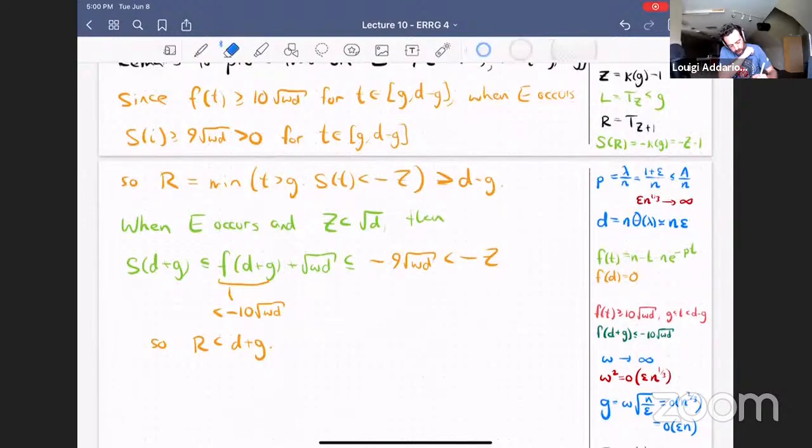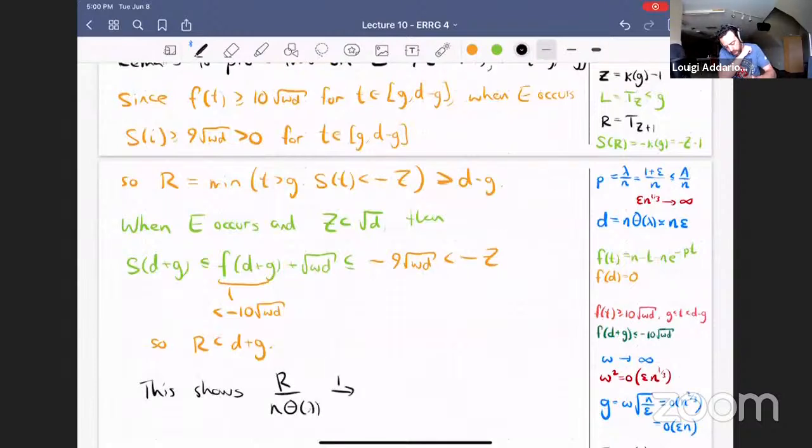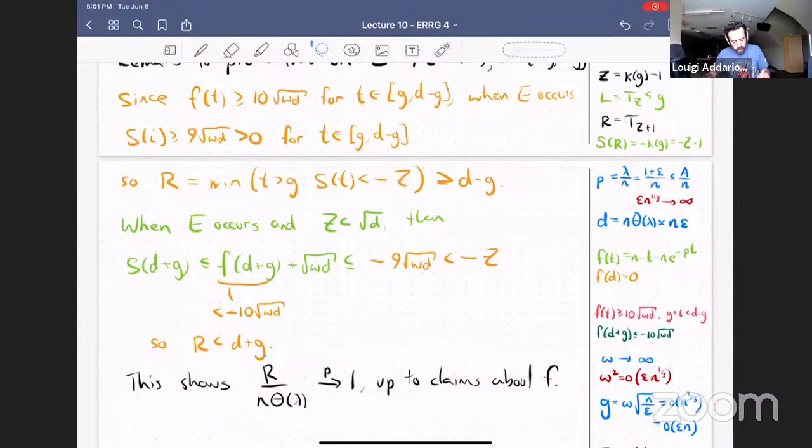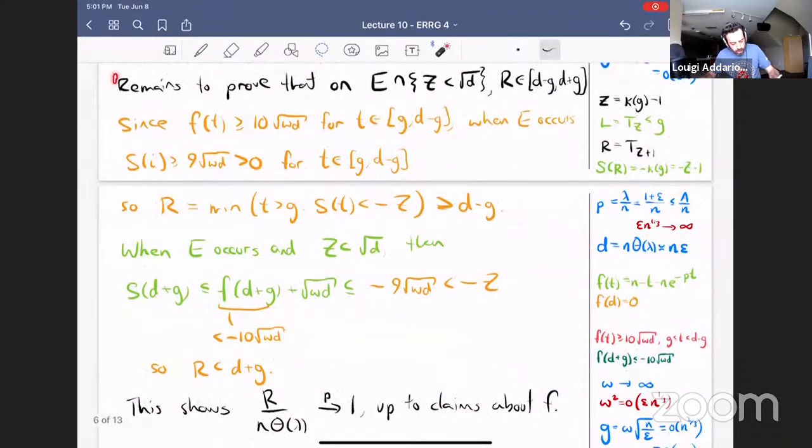So this completes. So this shows the law of large numbers, r over n theta, tending to 1, sort of up to the claims about f. So let me turn to those, and I think I should probably, I've kind of restated them in the course of the proof, but I'll copy the proposition down just so we have it stated explicitly before I go into that proof.